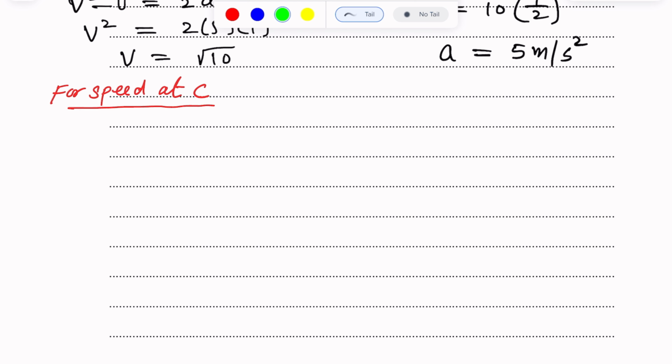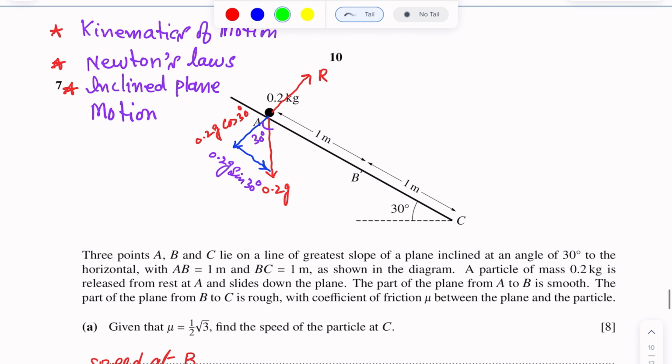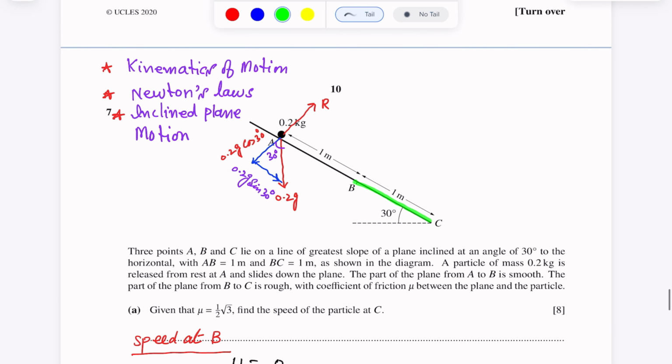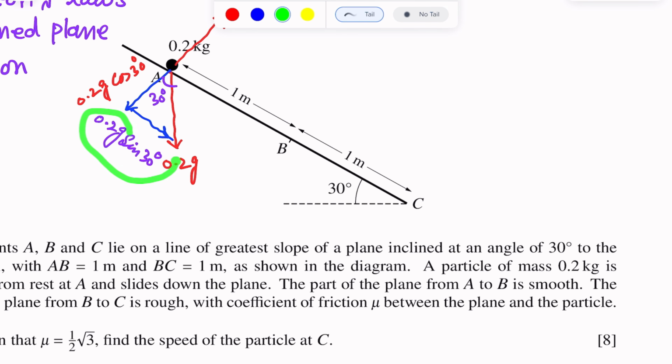For acceleration, there are two forces acting on the particle on this part of the plane. One force is the component of the weight.